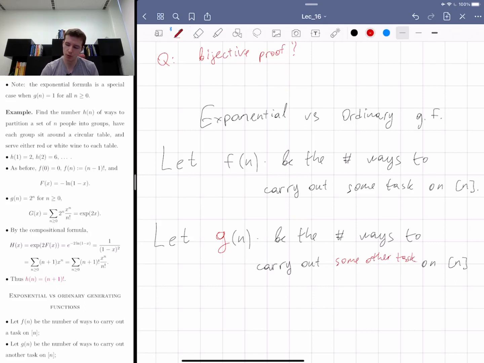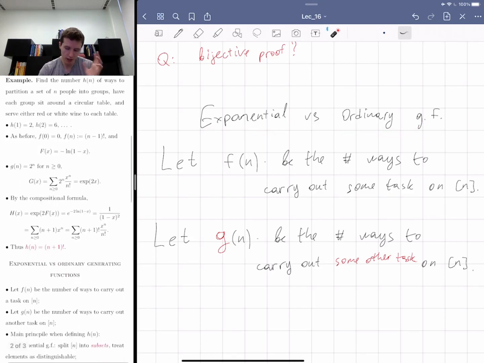What I'm going to do now is to compare the product formulas, the compositional formula, and the exponential formula for each of these two kinds of generating functions.